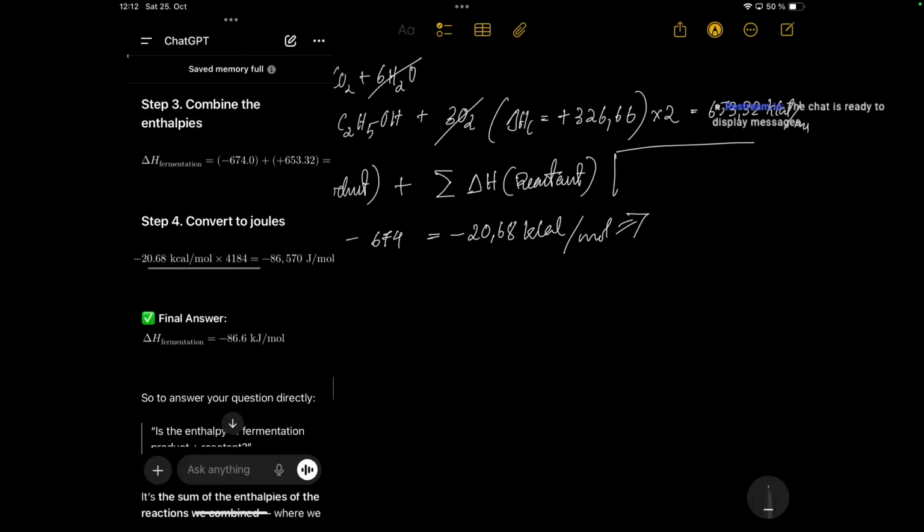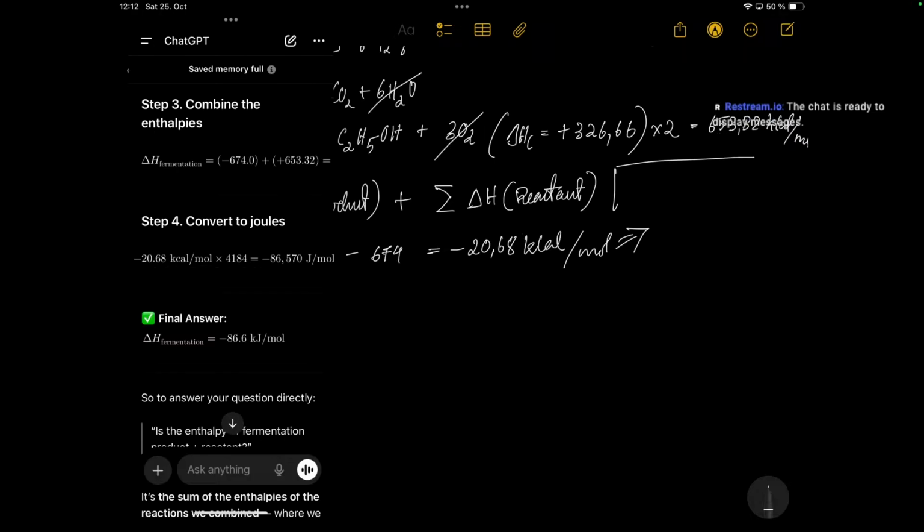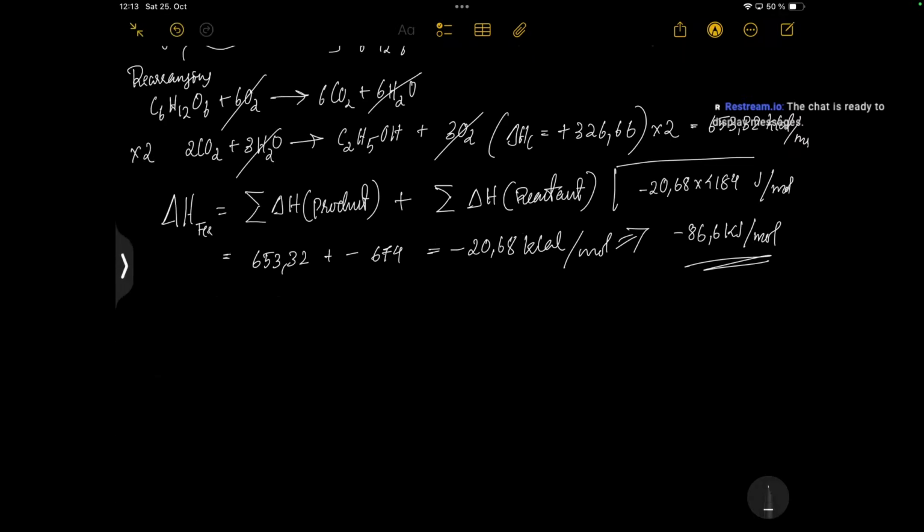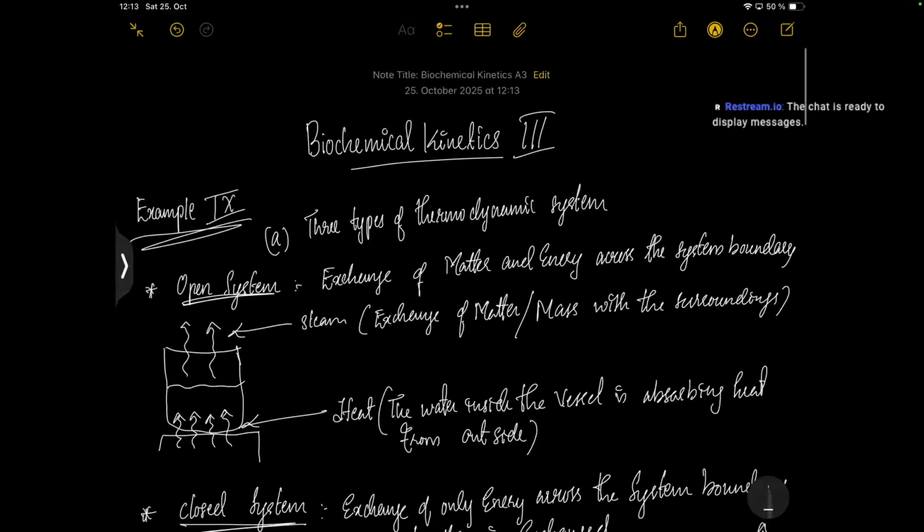Minus 20.68 into 4184 joules per mole, which is minus 86.6 kilojoules per mole. That's a big number. I don't know if it's correct, but I feel like that's correct.